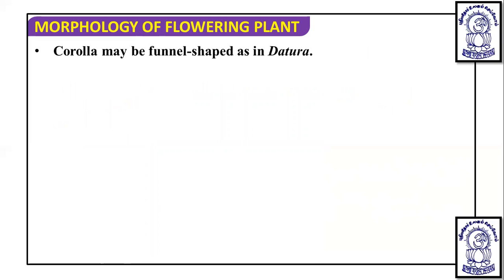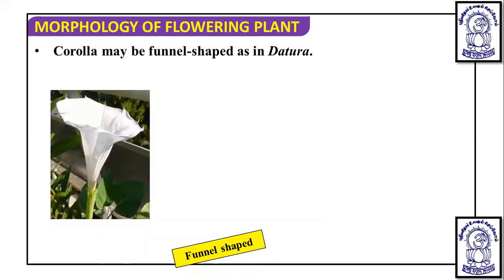The next one is corolla in actinomorphic gamopetalous condition. It can be funnel shape, and the funnel shape is known as what? Infundibuliform. This funnel shape is also known as infundibuliform.